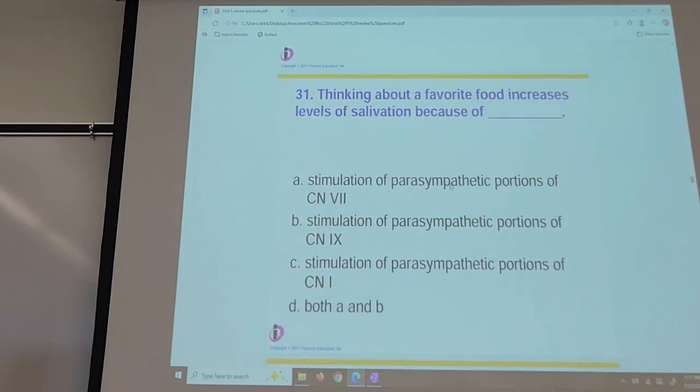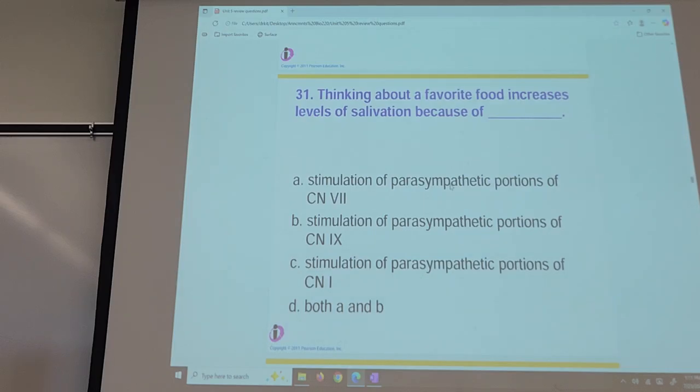Thinking about a favorite food increases levels of salivation because of. Salivation is the key word here.